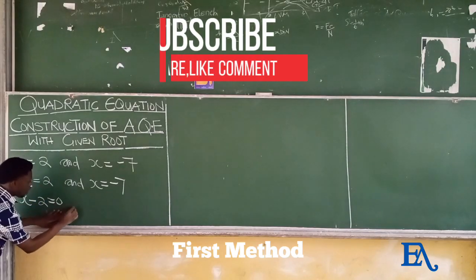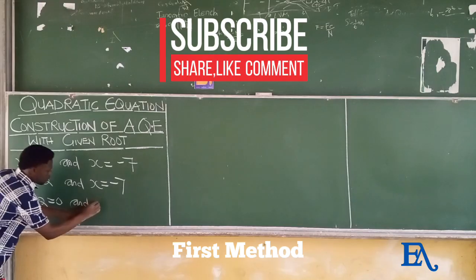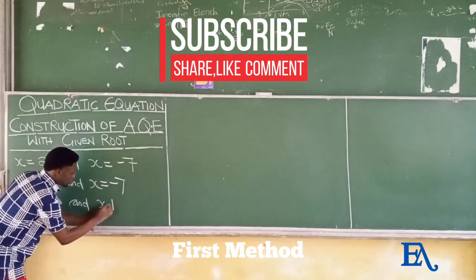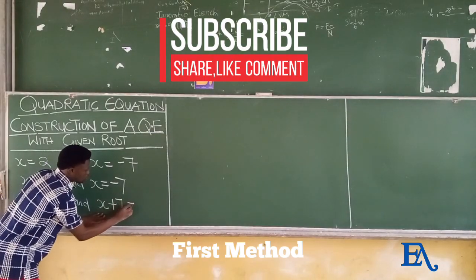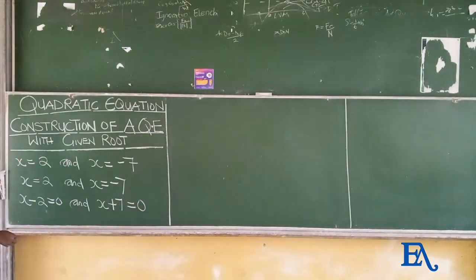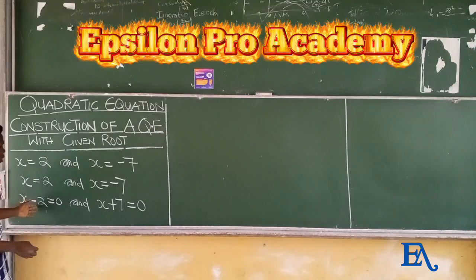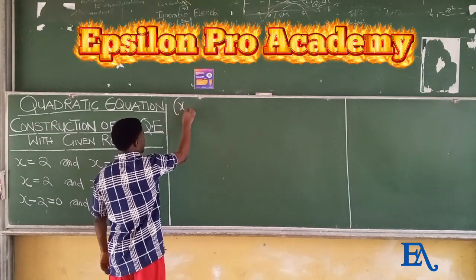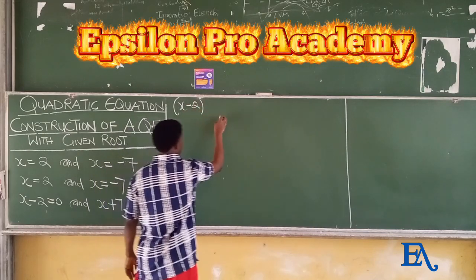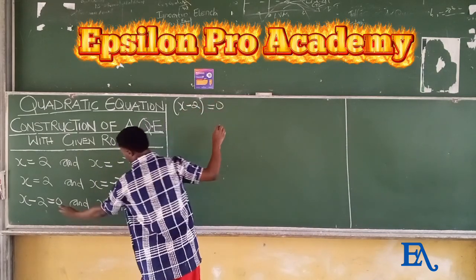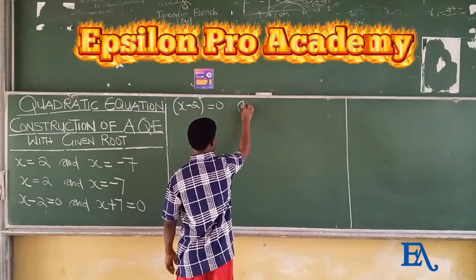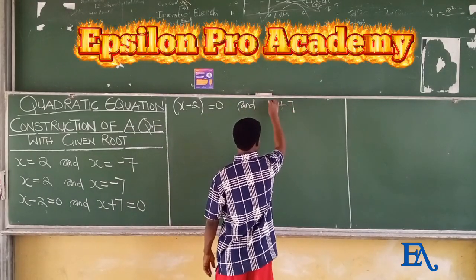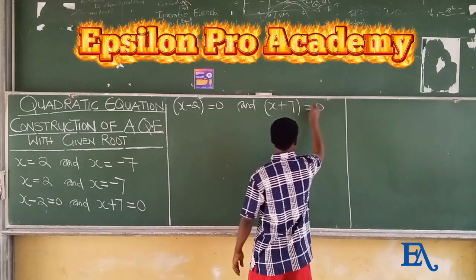Let's do the same here. x, when minus 7 crosses over, it becomes plus 7 is equal to 0. So we have x minus 2 equals 0 from here, and x plus 7 is equal to 0.